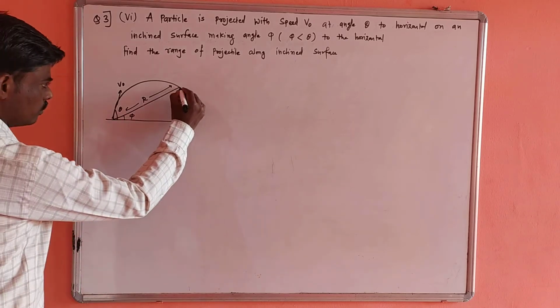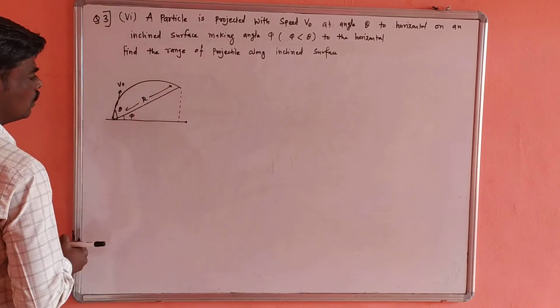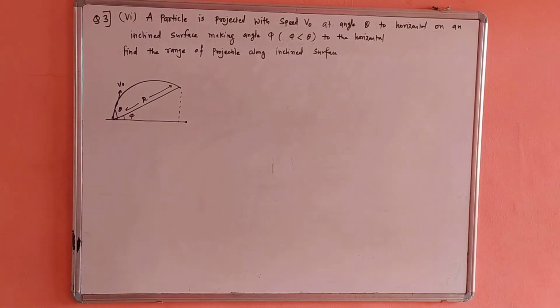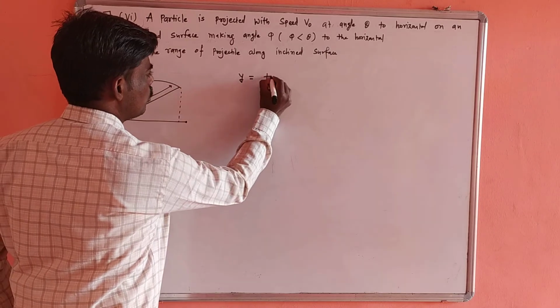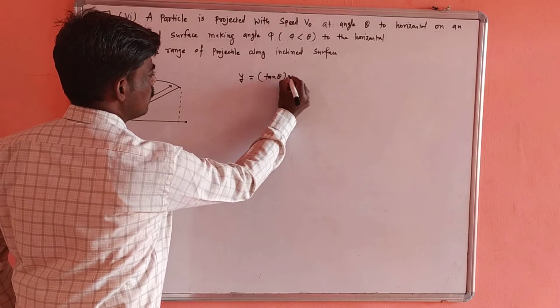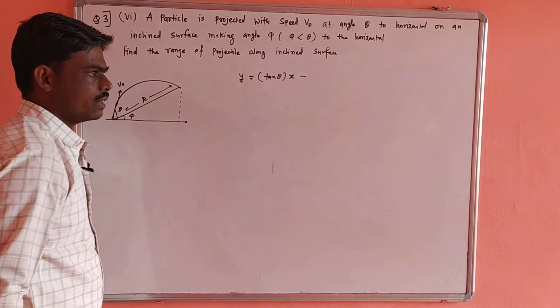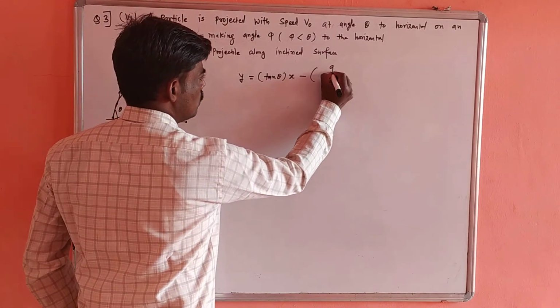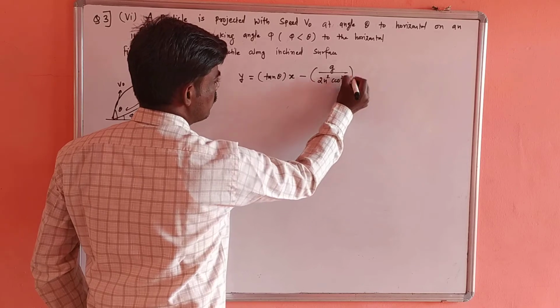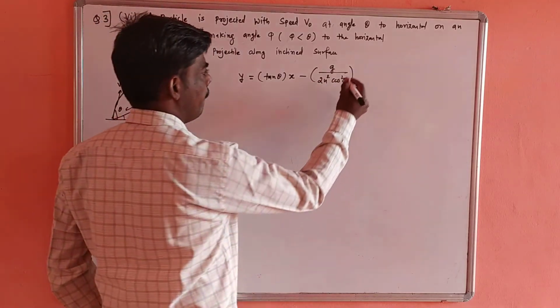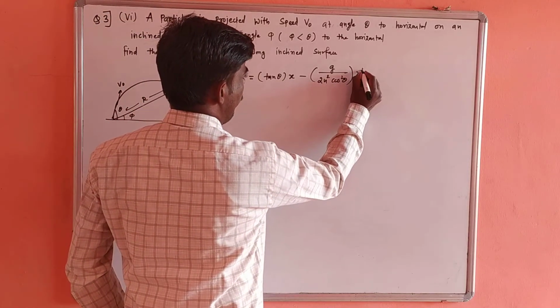So in this diagram, firstly we have to use the equation of projectile motion. The equation of projectile motion is y is equal to tan theta x minus g upon 2u square cos square theta x square.